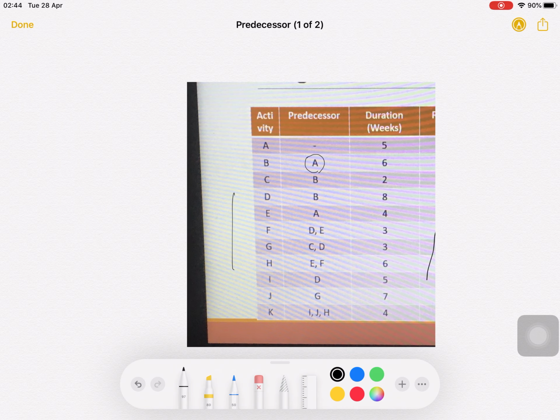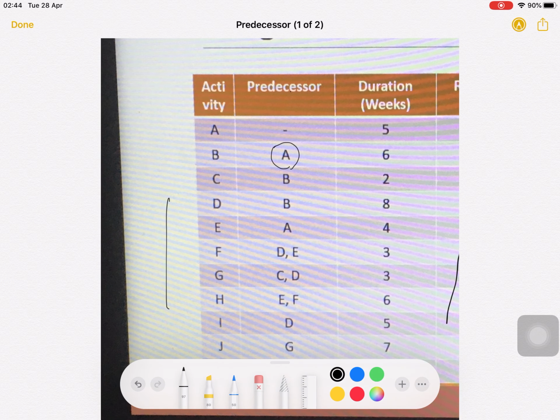So let's start with how to draw the critical path diagram, and then I will say what the critical path is. So let's move.